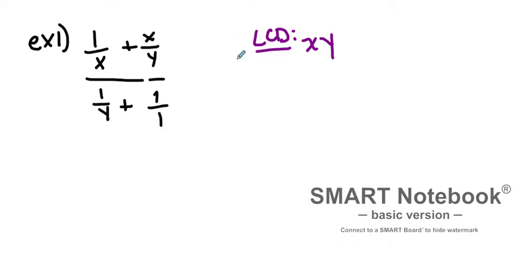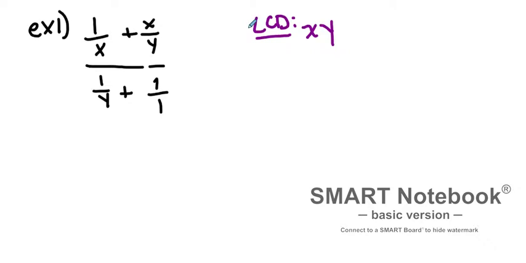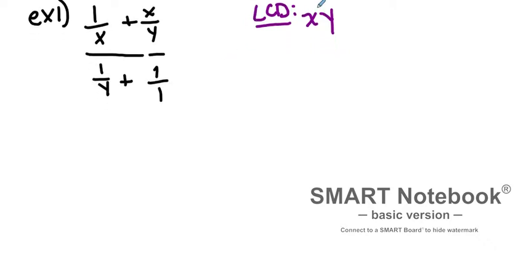Good. Now, after you get your LCD, you're going to take that LCD and multiply every single term by it. It's going to be a long process at first because you might want to write it all out so you don't get confused. Here's what I mean. We're going to take our 1 over x and multiply that by xy, which just means xy over 1.